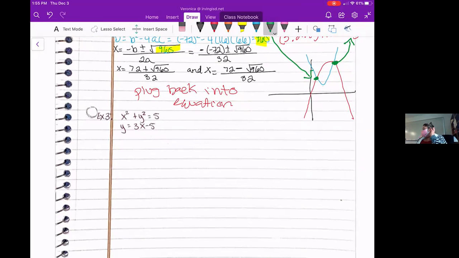This is not something that you necessarily have to have memorized, but you have to be able to identify. Anytime your x and your y are both squared, this is going to create a circle, okay? So that is what you're always going to get, a circle. So this right here is the equation to your circle.